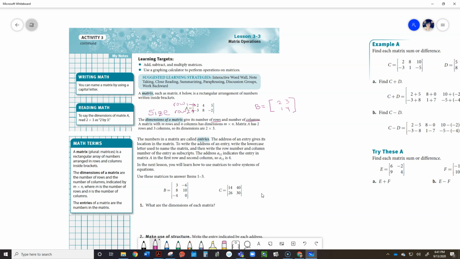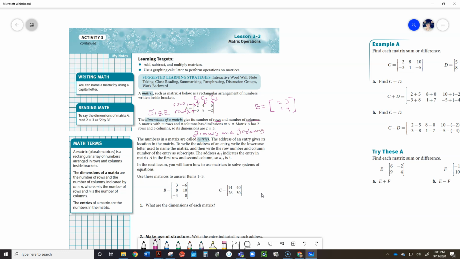This is column 1, column 2, column 3. Columns go up and down, rows go side to side. So that's why they say its dimensions are a 2 by 3. That means the matrix has 2 rows and it has 3 columns.